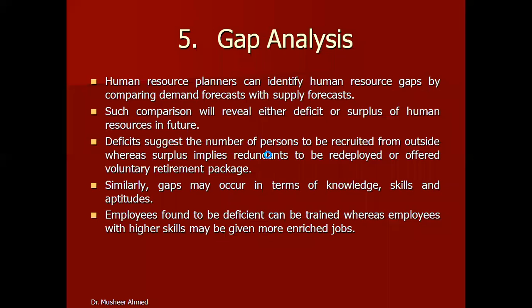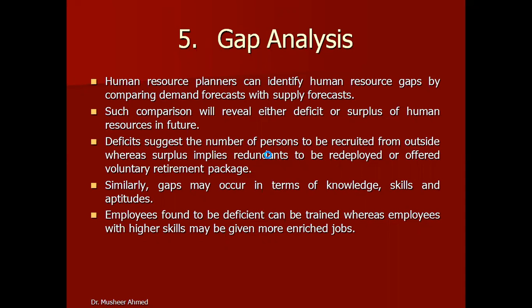Now, gaps may also occur in terms of knowledge, skills, and aptitudes, right? In such a case, we need to train and develop our employees to fill in these gaps. Employees found to be deficient should be trained, but employees with higher skills should be given more enriched jobs.